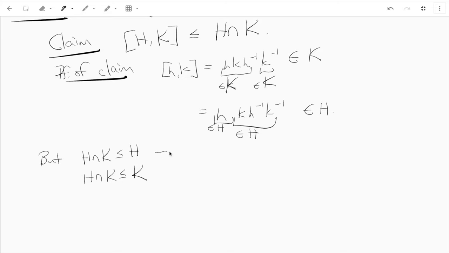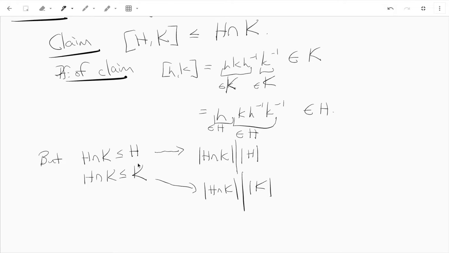By Lagrange's theorem, the order of H intersect K divides the order of H, and also by Lagrange's theorem, the order of H intersect K divides the order of K. So it must also divide their GCD, in other words, it must divide 1.